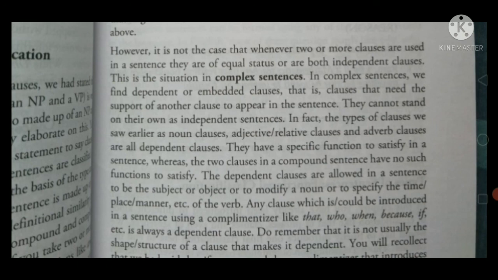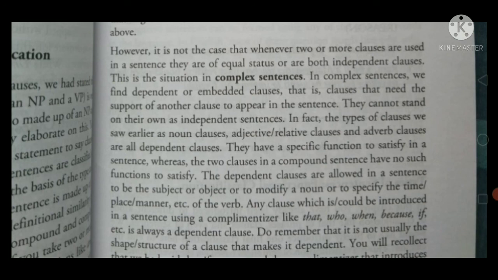In fact, the types of clauses we saw earlier, noun clauses, adjective or relative clauses, and adverb clauses, are all dependent clauses.